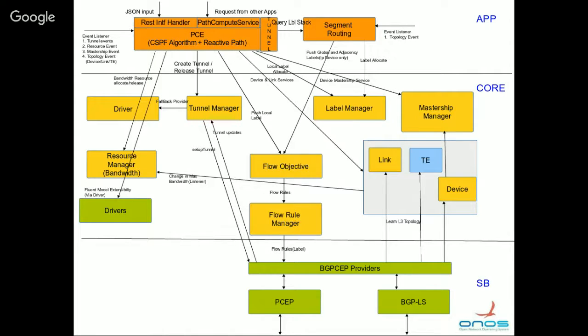The things that I noticed you would have to change are in the tunnel manager, to be able to similarly support the fallback provider mechanism. That should be straightforward, right? Yes. In terms of bundling together the BGP and PCECC providers, I think that makes sense. You can do a couple of things here.